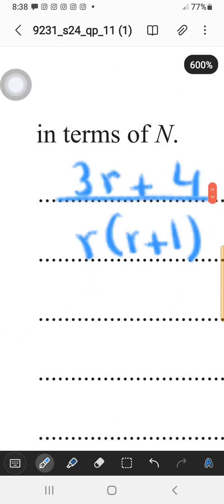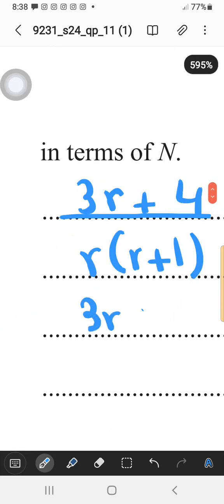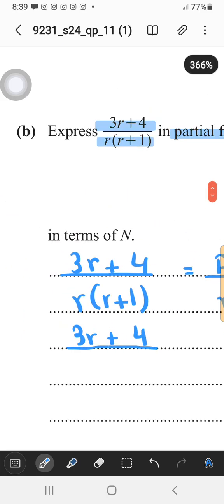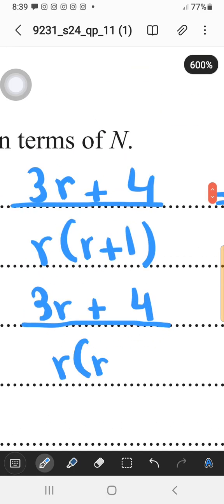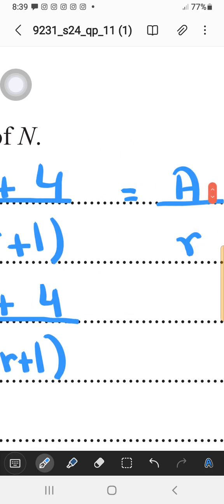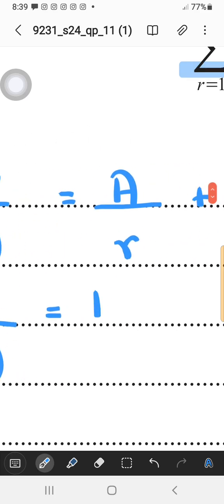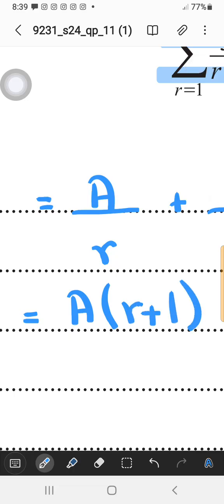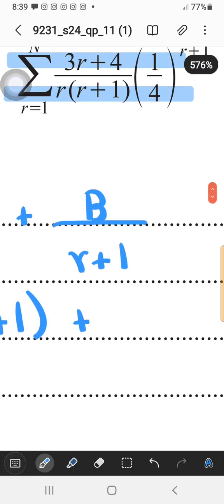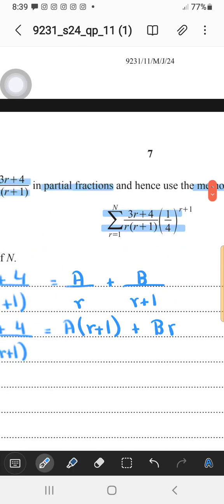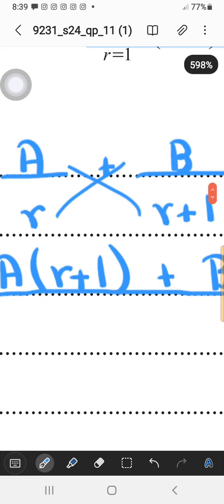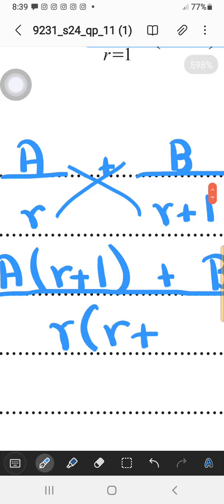Now we will do this: 3r plus 4 upon r plus 1 is equal to a by r plus 1 plus b by r. We just cross multiplied upon r plus 1.